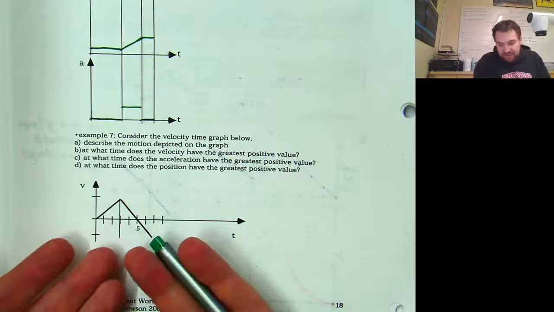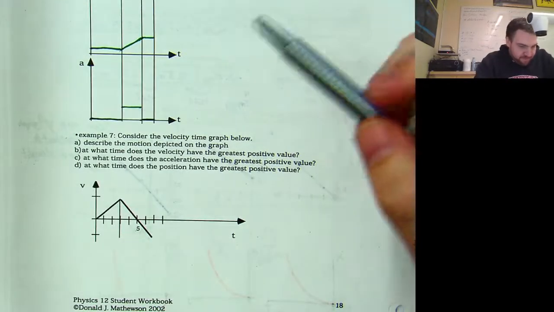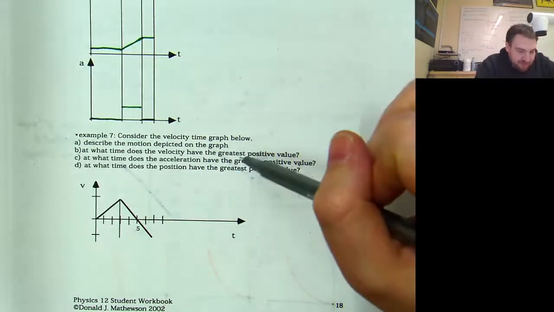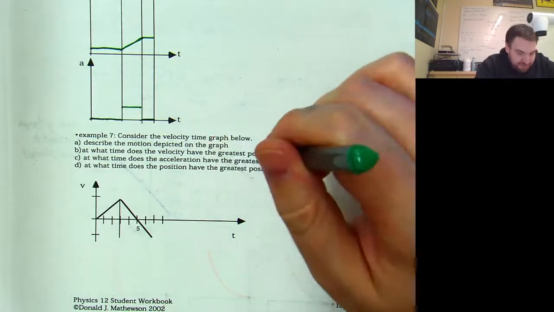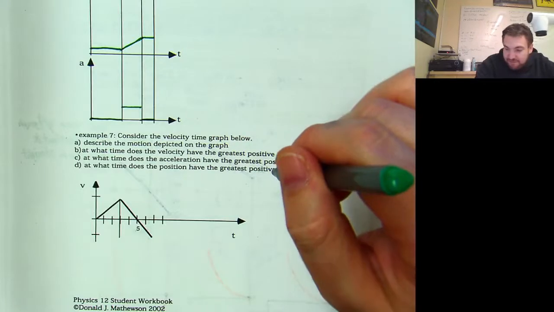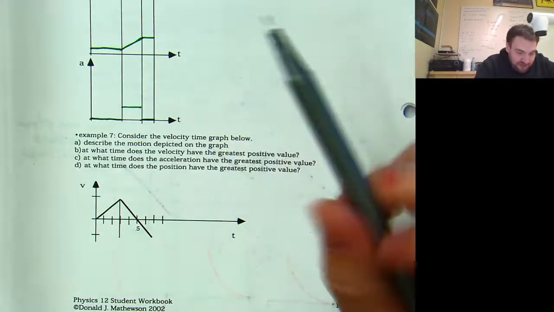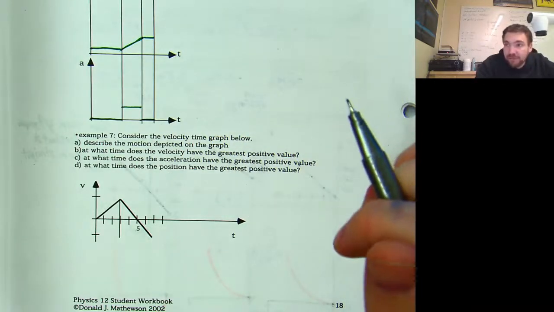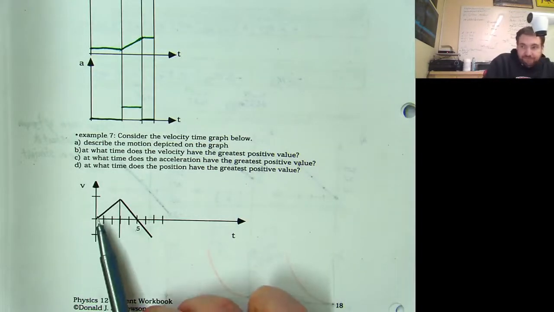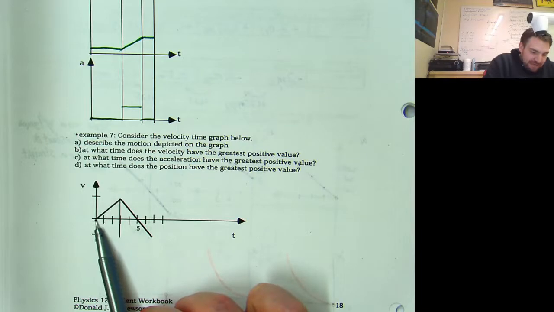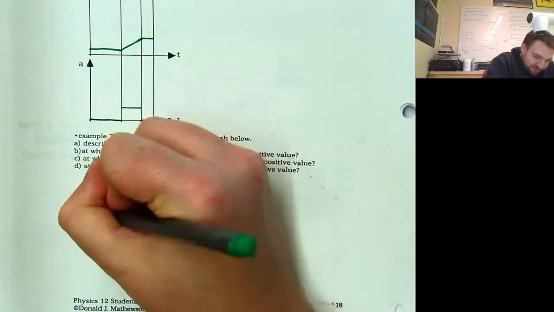So let's consider what's happening down here. We're going to describe the motion, talk about the velocity having the greatest positive value, acceleration having the greatest positive value, and at what time does the position have the greatest positive value. So what's happening here? We've got an object, and the velocity here is positive.